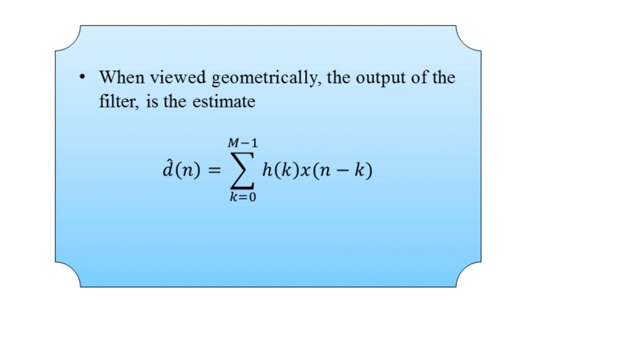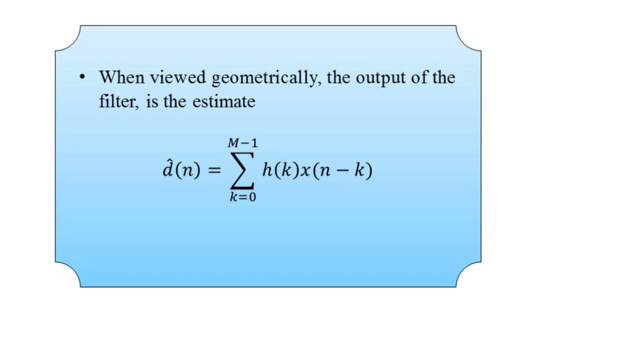Now talking about the term orthogonality: the orthogonality principle states that the length of the error is a minimum when e of n is perpendicular to the data subspace. That is the orthogonality we shall talk about with the help of a figure.